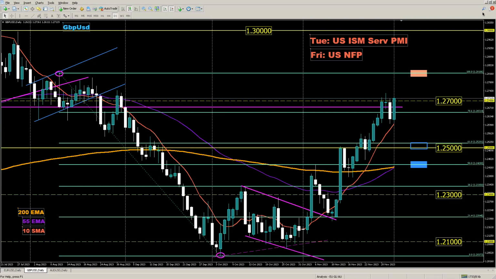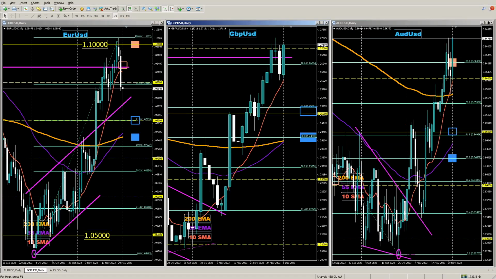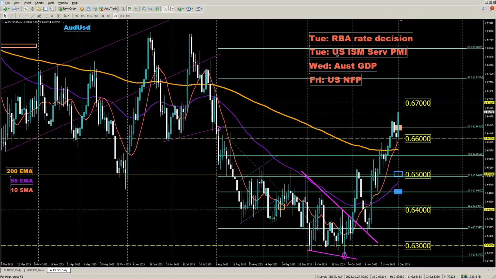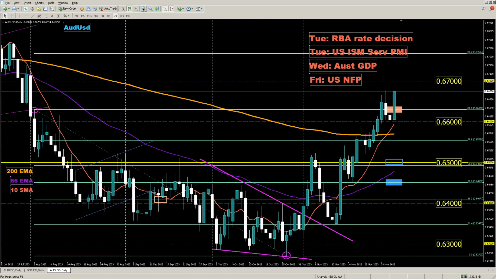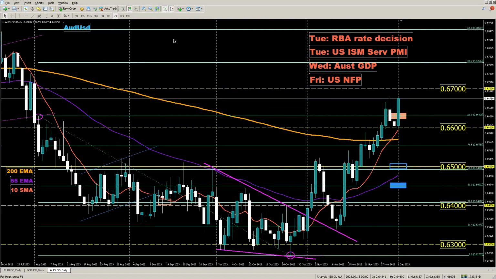All right, let's move on to the Aussie dollar. And a key week for the Aussie dollar with the RBA rate decision, where they are not expected to increase rate anymore, with the lower than expected CPI data last week. There's also Australian GDP figures, and then exposed to US dollar news.